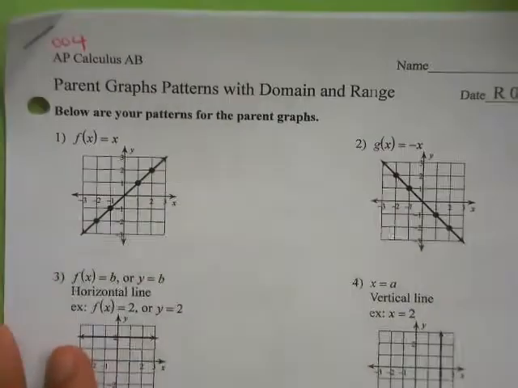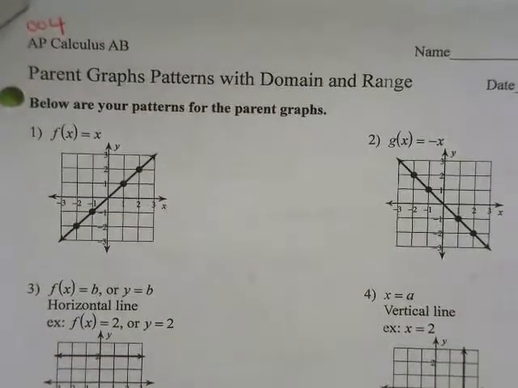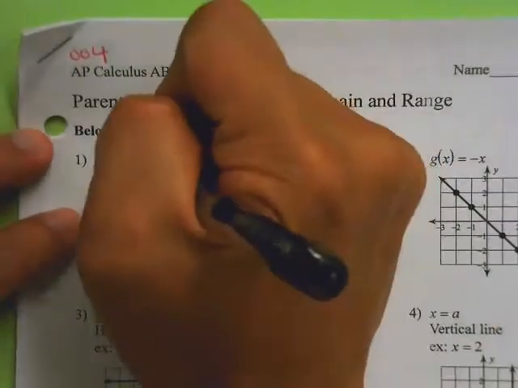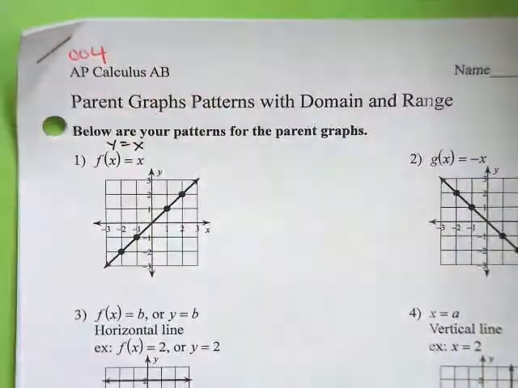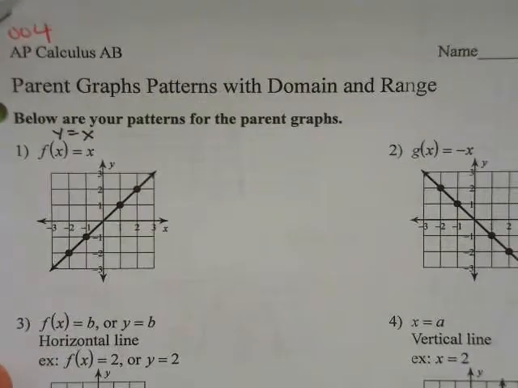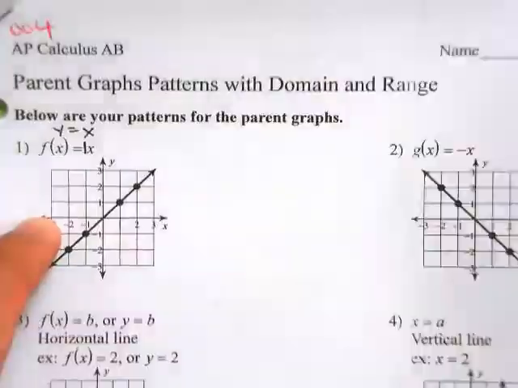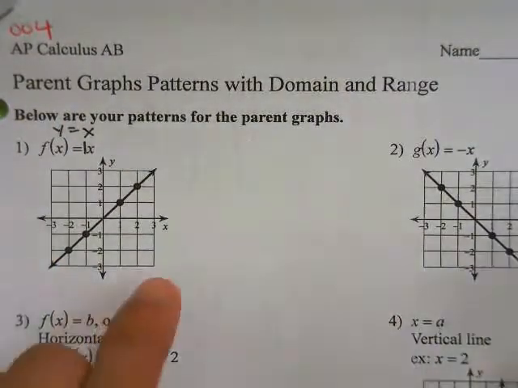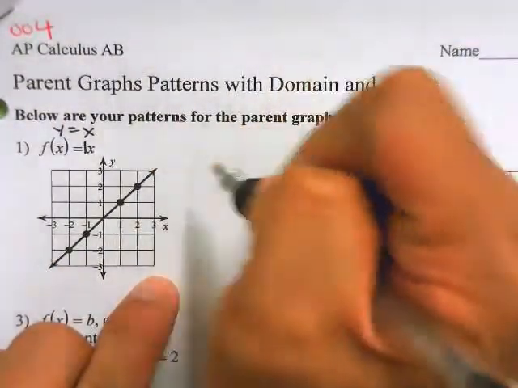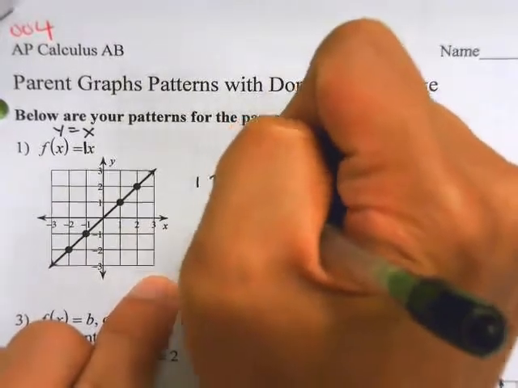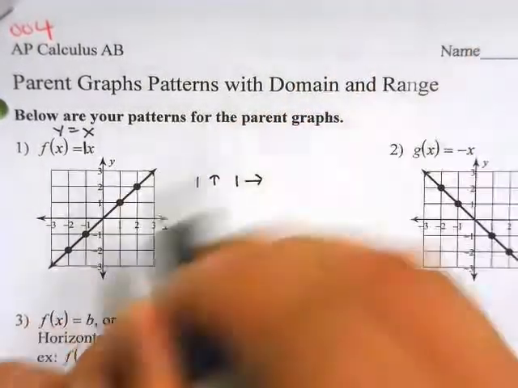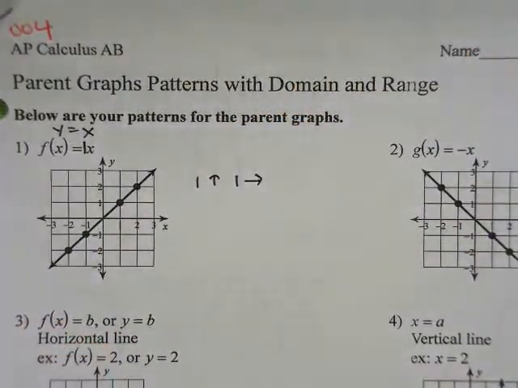You guys have been graphing lines since pretty much almost the beginning of time. F of x is equal to x. Remember, f of x is a name, so y equals x. If you feel a little bit better with that, that's fine. Your slope is going to be over here. It's a 1. So you are going to go 1 up and then 1 to the right, and you have a positive increasing line.